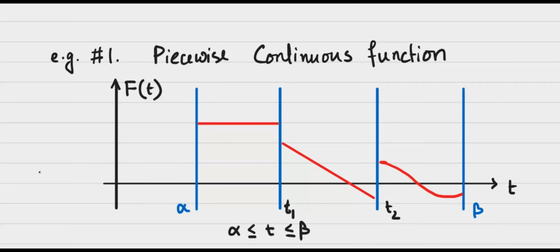At t1 and at t2, the points of the subinterval, the left-hand limit, which is this one, and the right-hand limit, which is this one, both of them are finite. The same goes for this one as well. The left-hand limit and the right-hand limit are finite, even though they don't match. So that's the example of sectionally or piecewise continuous functions.